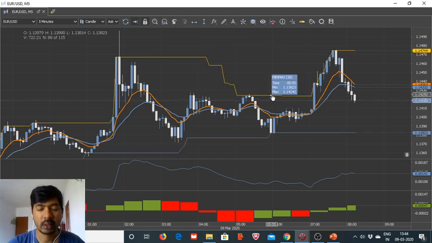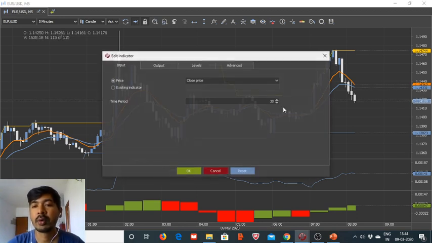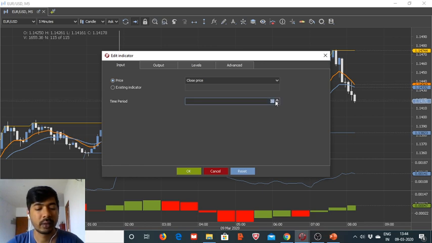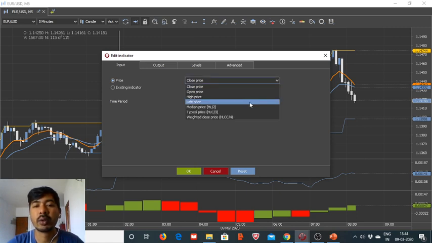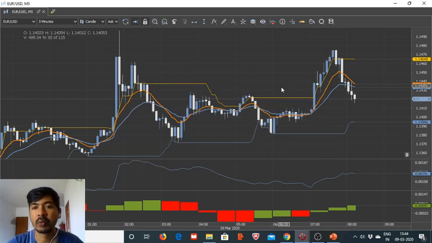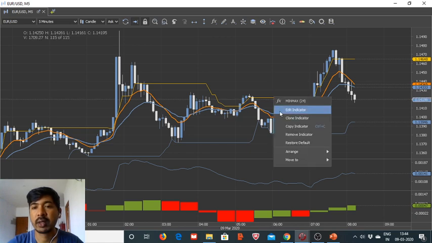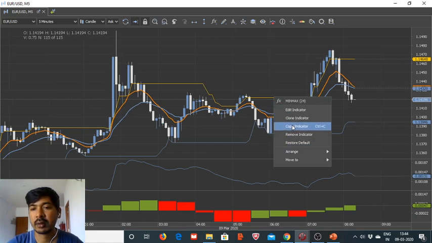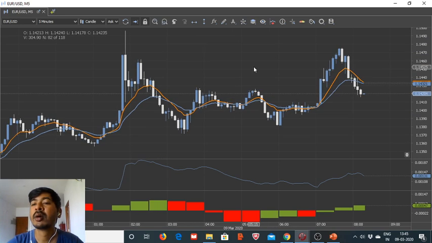So this is at 30, which means 2.5 hours. We will do it for 2 hours, so we will make it 24, and we have to utilize this at low value. I think we will need to use minima and maximum separately, so we are going to use two separate blocks.